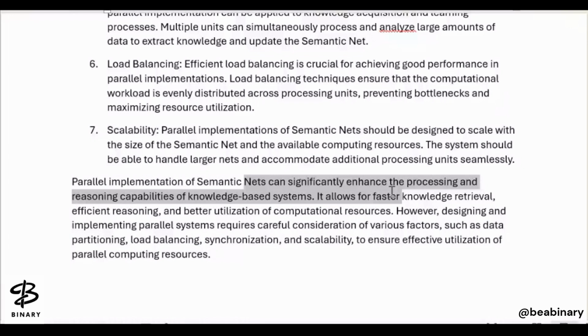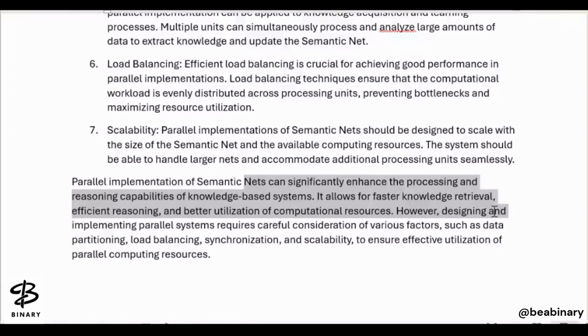It allows faster knowledge retrieval because of parallel processing of data, efficient reasoning because of learning or getting the exact knowledge from a particular large data by performing various data analysis operations, and better utilization of our computational resources because of load balancing.